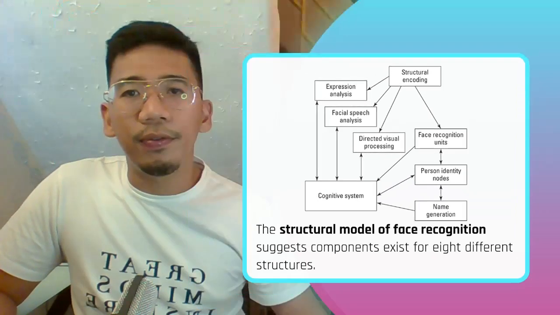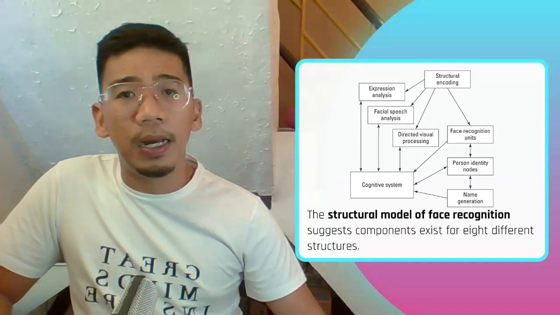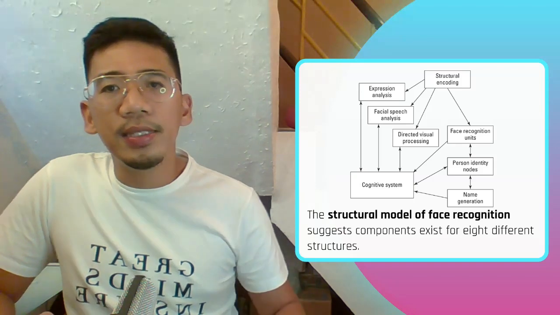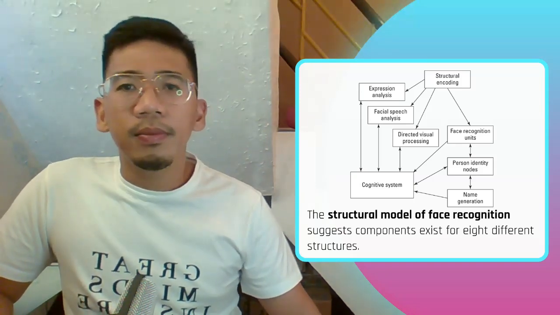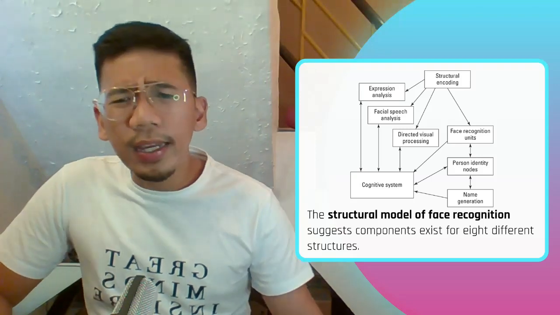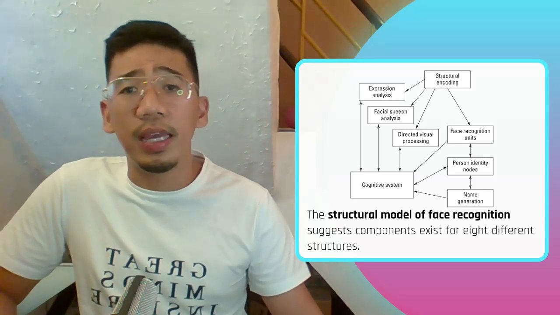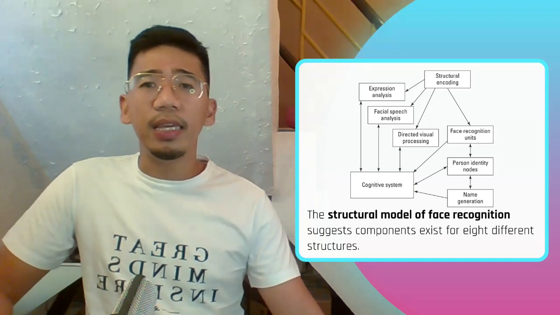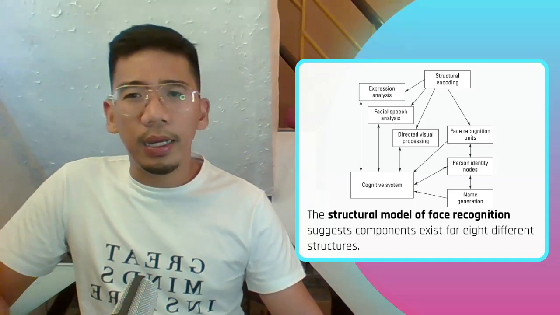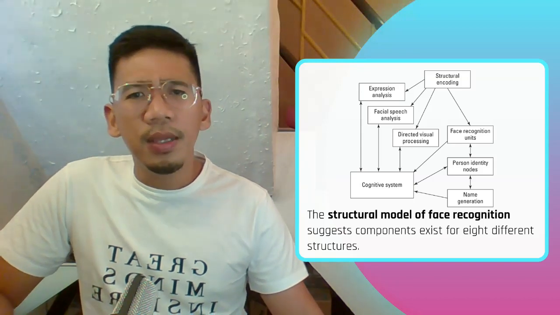Now, the interactive activation and competition model has superseded parts of the structural model. It more accurately represents the interaction between face recognition units and semantic information in the previously mentioned list.